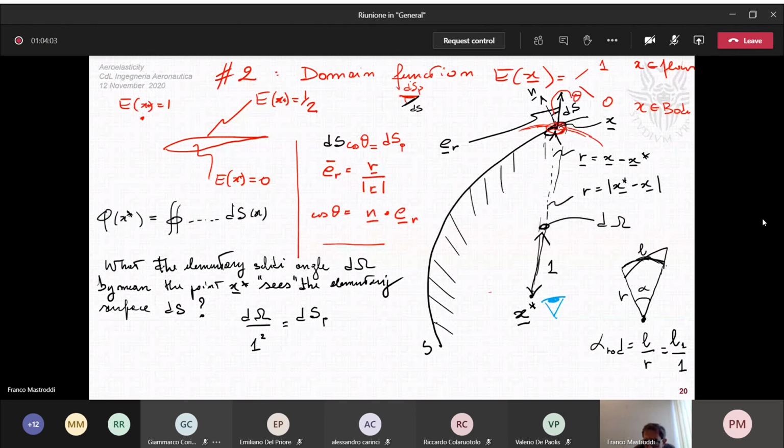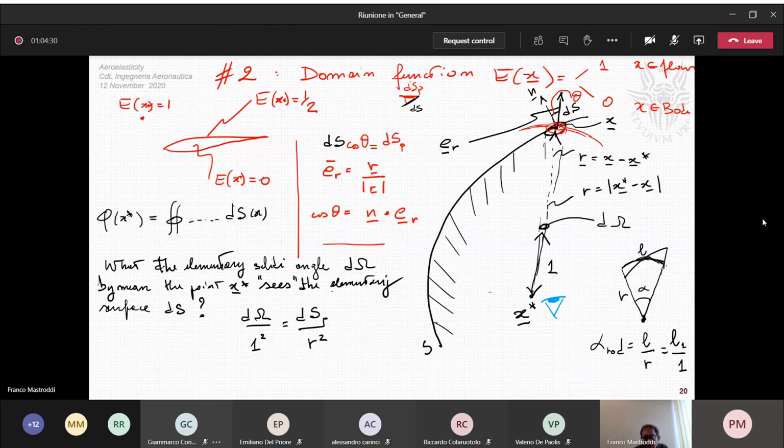So you have to consider not a generic surface, you have to consider the surface of the sphere with radius equal to R. So dSP, not dS, dSP, divided by the square of the sphere radius. So this is the definition of the angle in radian.